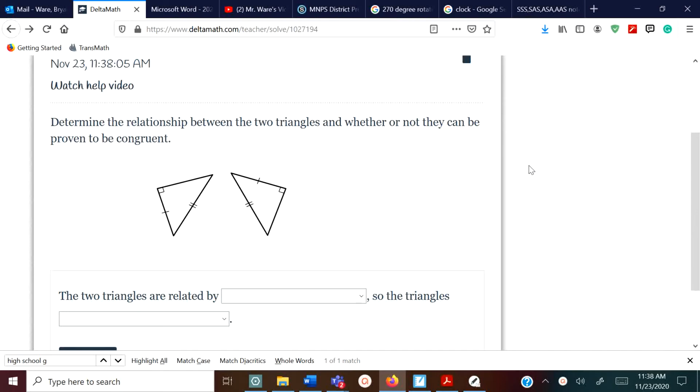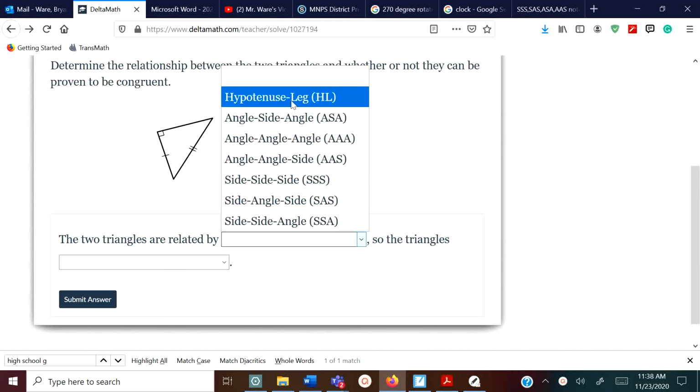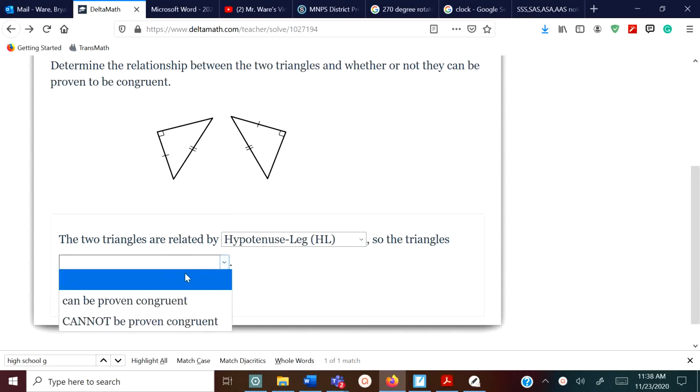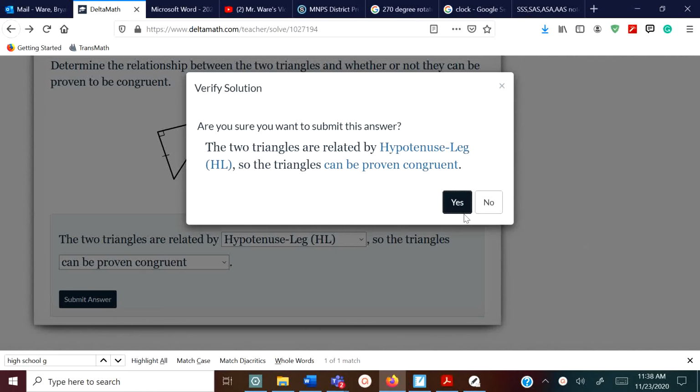First you look to see if it's one of the five. Well, this one we've got a right angle, so we can go off of the hypotenuse leg. We've got a right angle, we've got a hypotenuse that's congruent, and we've got a leg that's congruent. So it's going to be the hypotenuse leg theorem, which you pick here, and you say that it can be proven congruent. That's simple.